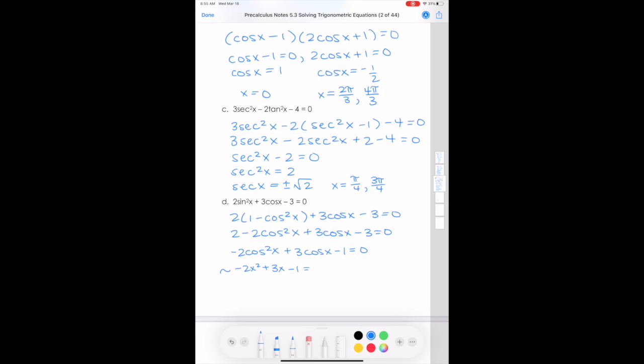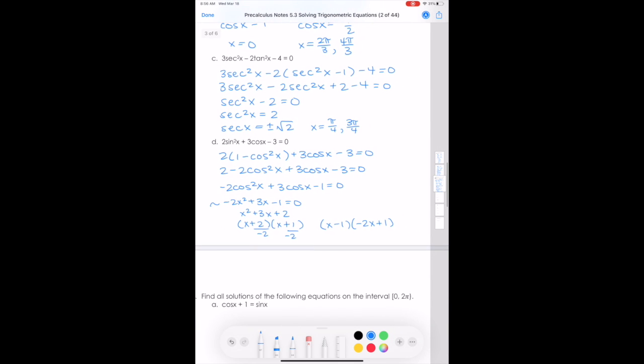All right, right there, I just put that little squiggle because I was switching out the cosine squared x and the cosine x to just x's so I could figure out how it factored before I switched back to cosines. So that squiggle doesn't mean too much. I went on to the next page a little bit just because I ran out of room. Sorry about that.